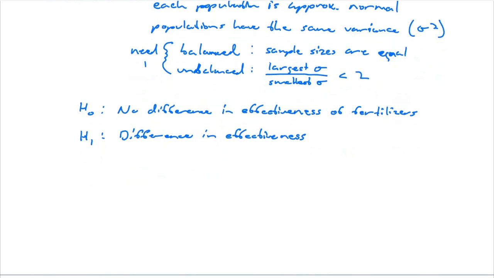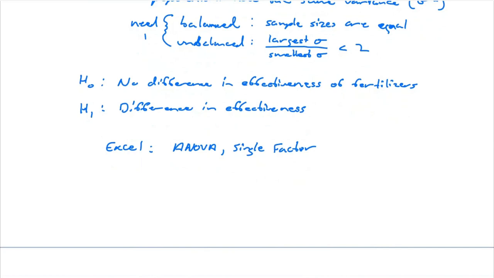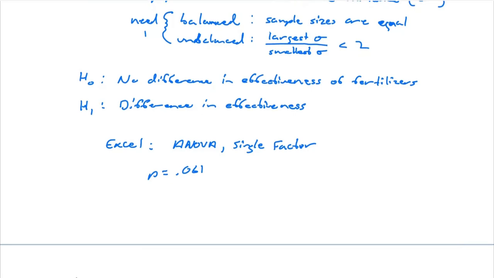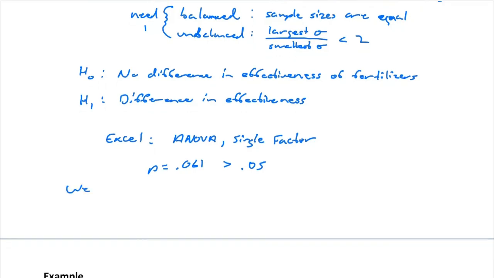Okay, so again, in Excel, you want to use ANOVA single factor. Writing this down, both for the reader to know how we got the information, but also for your sake to remember which one you want to use. And from that, we get a p-value of, I think it was 0.061 if we rounded it, which is clearly, in this case, greater than the 5% alpha value. So we would fail to reject the null.